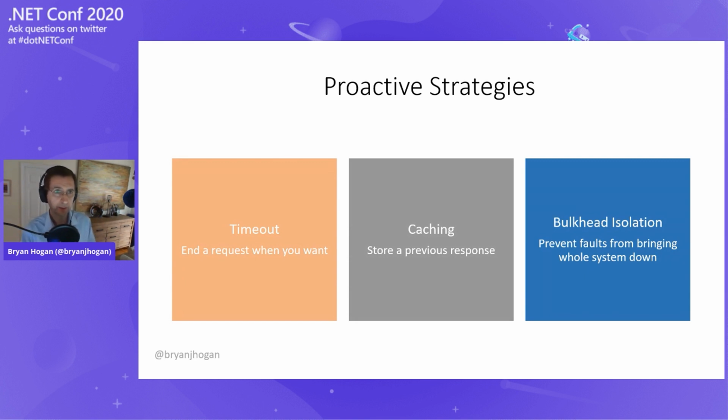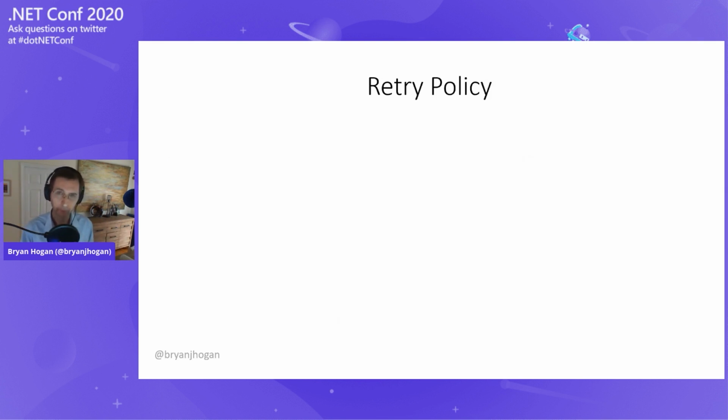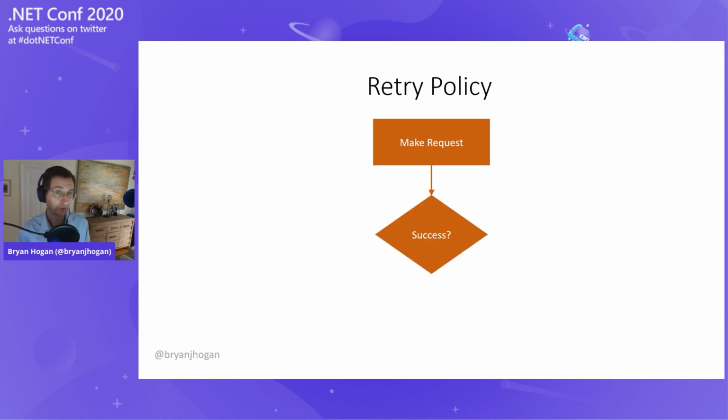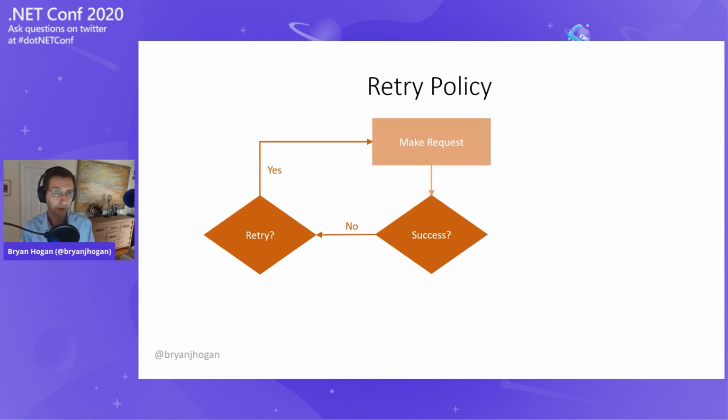To give you an idea of where Polly sits and how it works when it's interacting with a request, I'm going to go through the example of a retry policy. You make a request. Polly checks if it was a success. If it wasn't, Polly checks whether or not it should perform a retry. If it should perform the retry, it will make that request again.